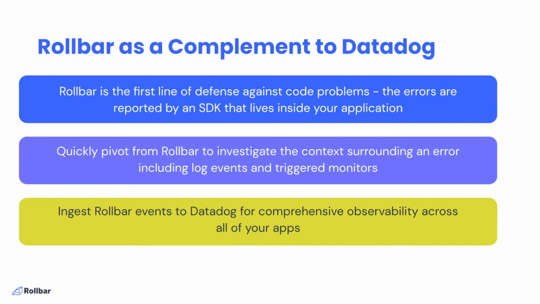That's where Rollbar steps in to dramatically reduce the amount of investigation that you will have to do. Since it lives in your code and reports those errors out in real time, it's the first line of defense. It can be your first point of awareness for those code problems.